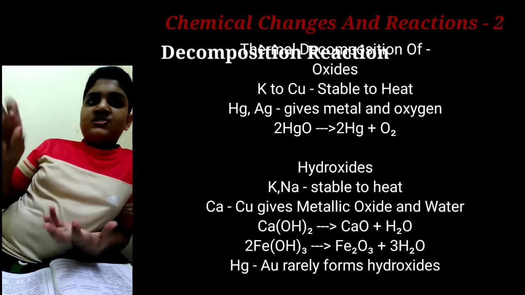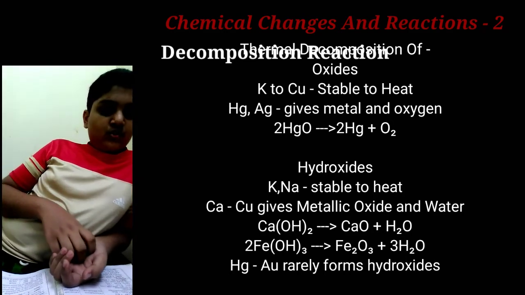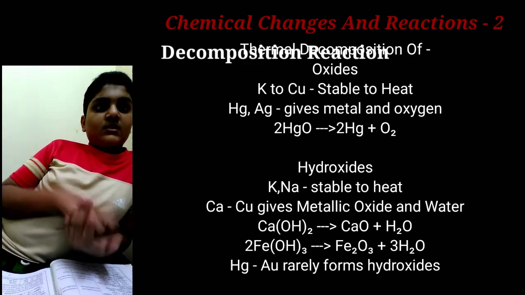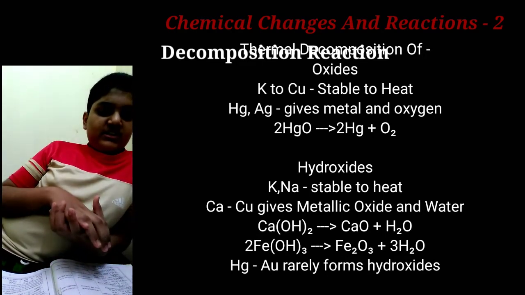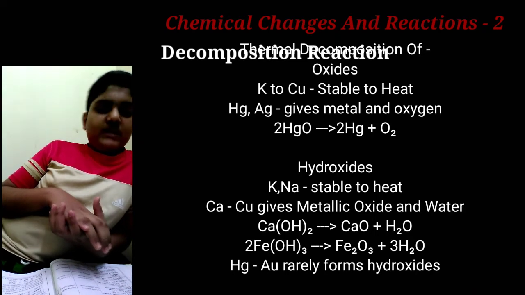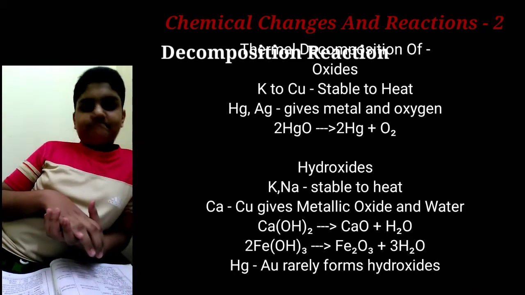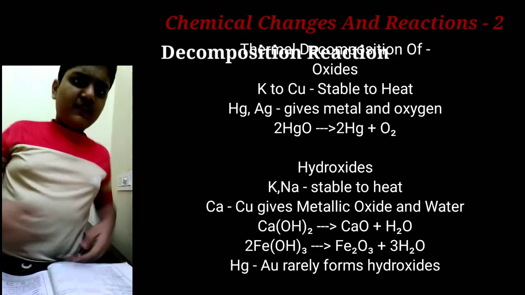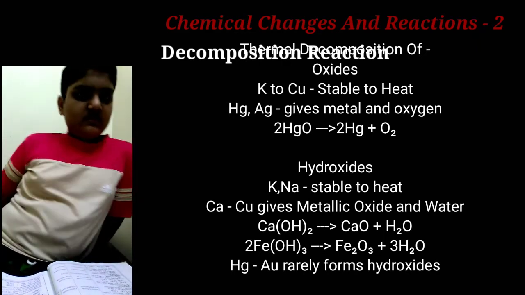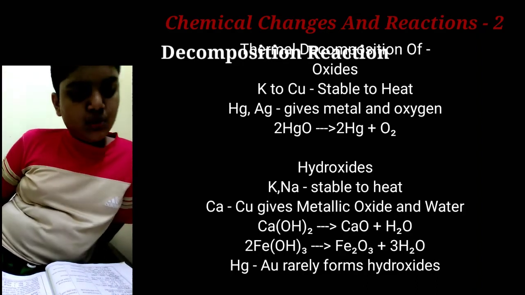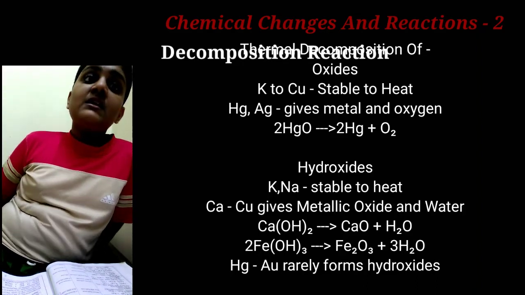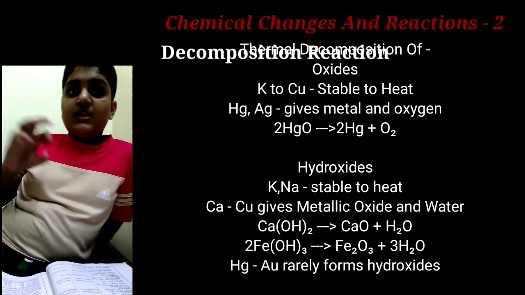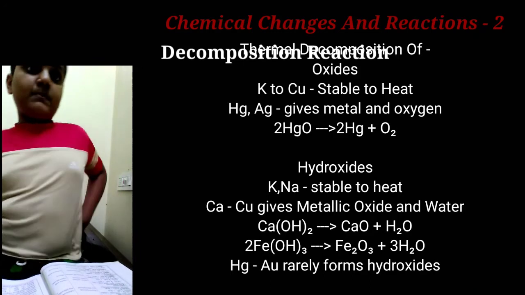For example, 2HgO on heating is 2Hg plus O2. 2Ag2O on heating, you will get 4Ag plus O2. Below that, you cannot find that many reactions. So potassium to copper are stable to heat, while for silver and mercury, if you take the metallic oxide and heat it, you will get metal plus oxygen.